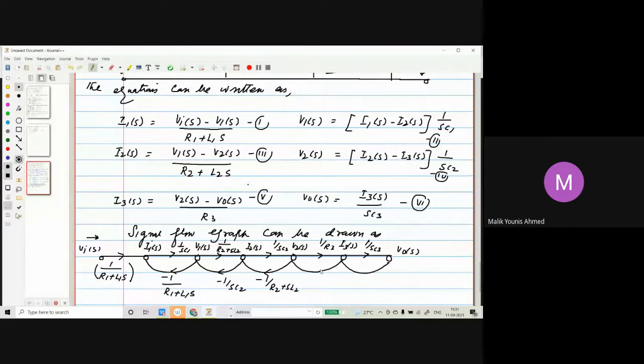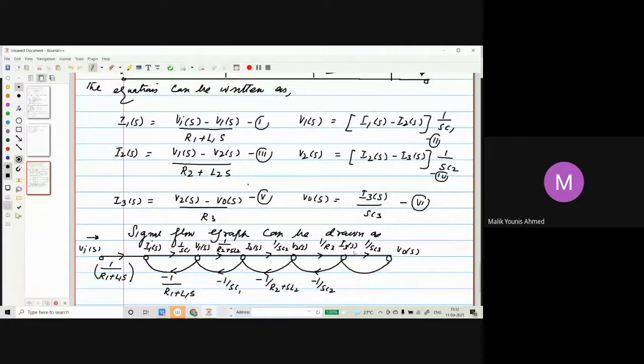Sorry, this is SC1 here, by mistake. So this is SC2 here. If I have to get V2, first here the output I2 is multiplied by this. And if I am talking about V2 in the feedback, this will be I3 minus I1 by SC2.